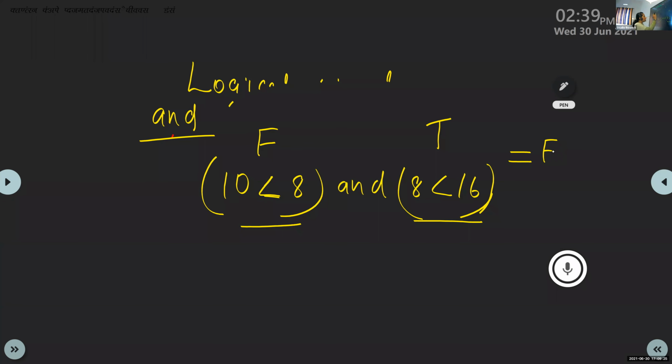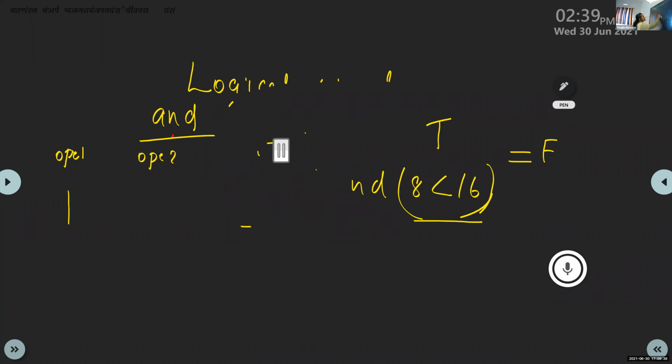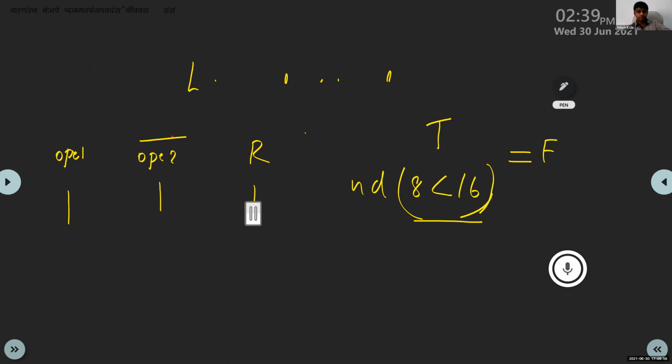I will explain with 1 and 0 values. This is operand 1, this is operand 2, and here is the result. If the first operand is true and the second operand is true, 1 into 1, what is the result? 1. Okay. All of you switch on the video.